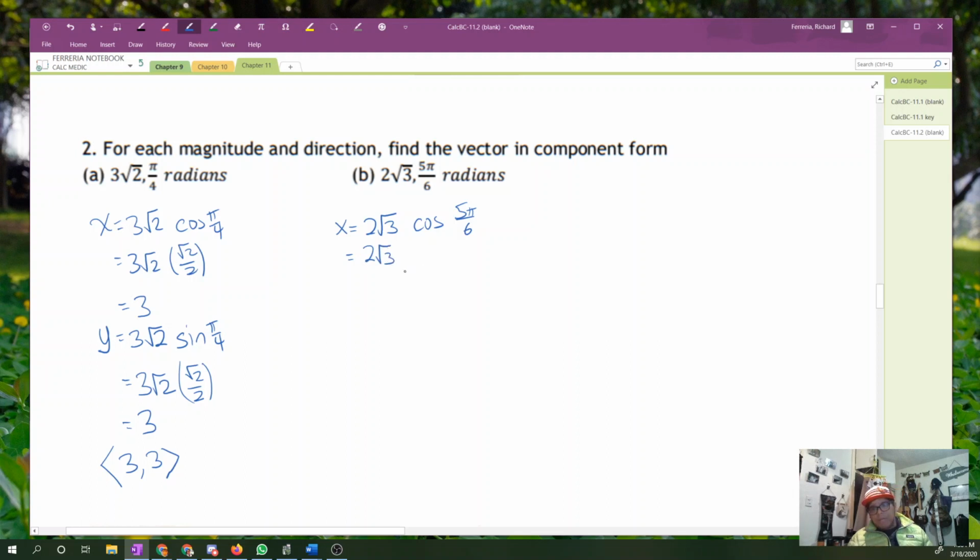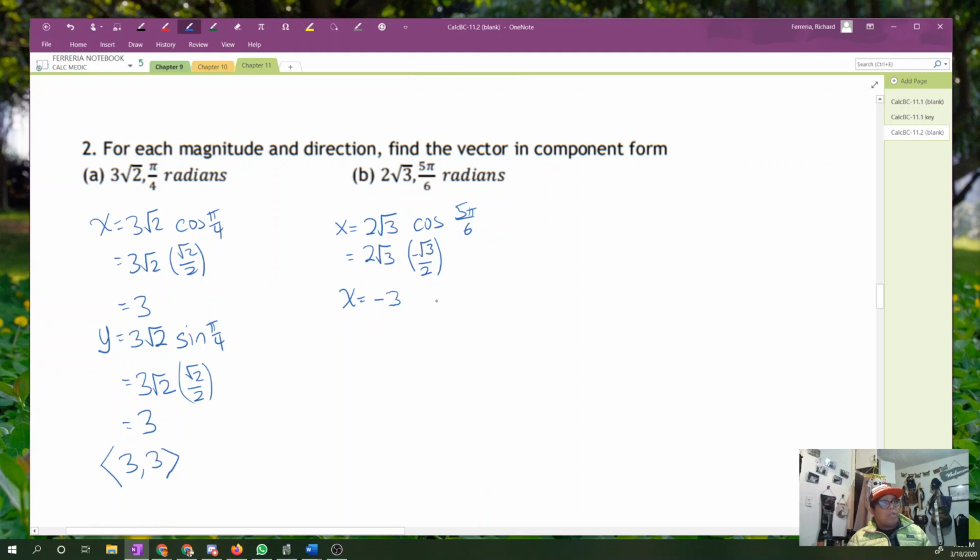What's the cosine of 5 pi over 6? That is, let's see, in the second quadrant, cosine is going to be negative, so that is negative rad 3 over 2. So x equals negative 3.